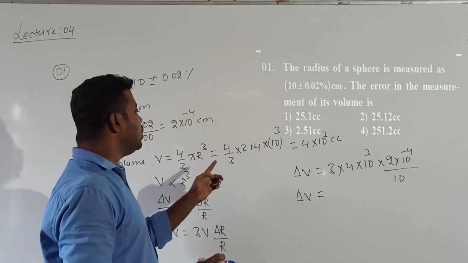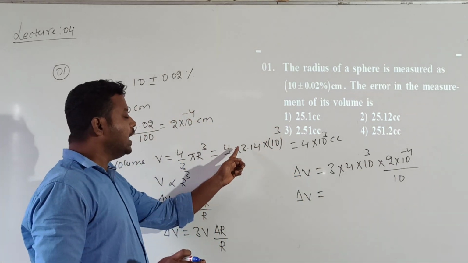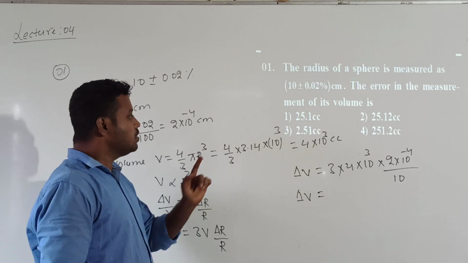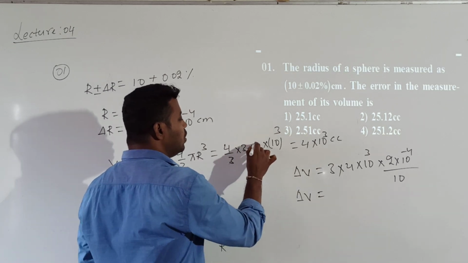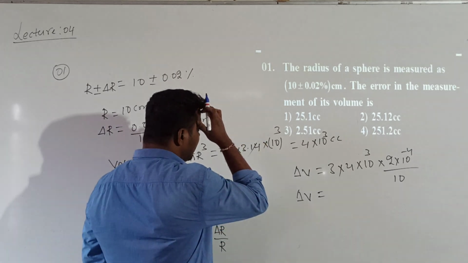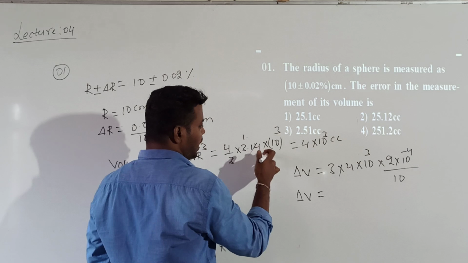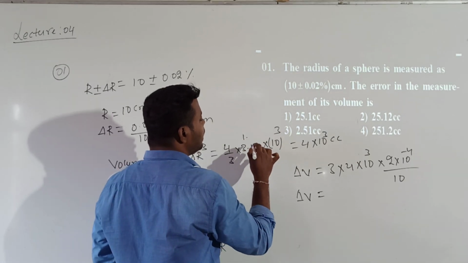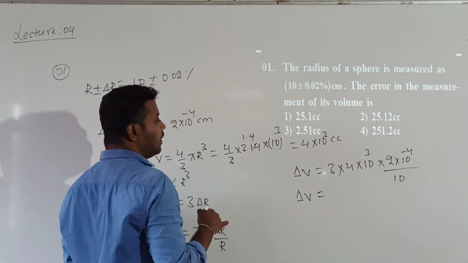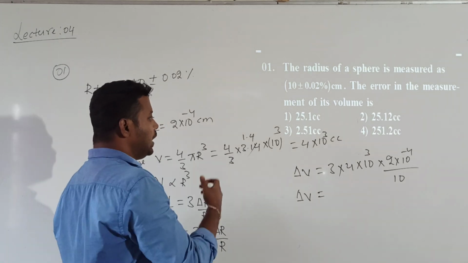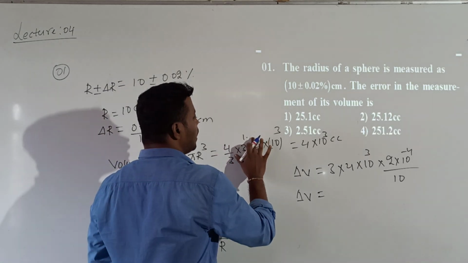But the answer is not 24 because 4 by 3 into 3.14 is... 3.14, 3 will go. So here we have 1.41 times.